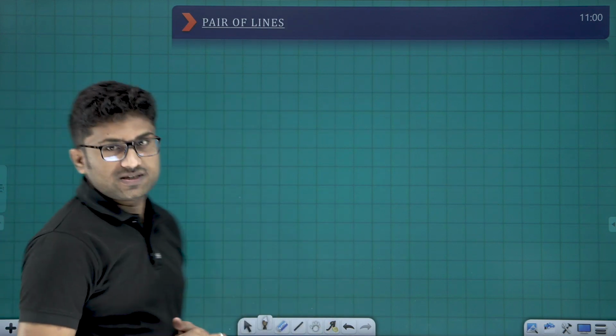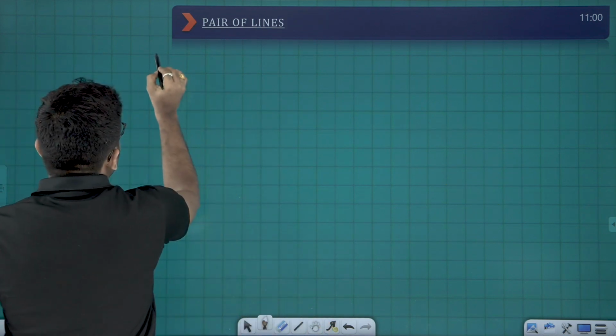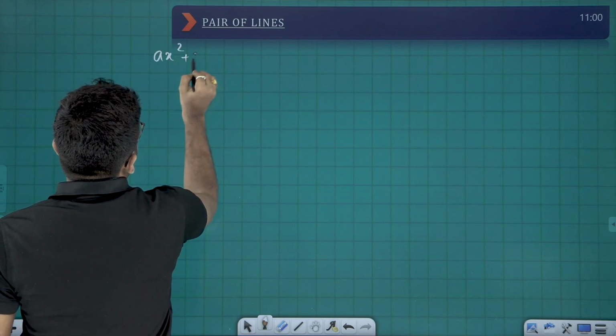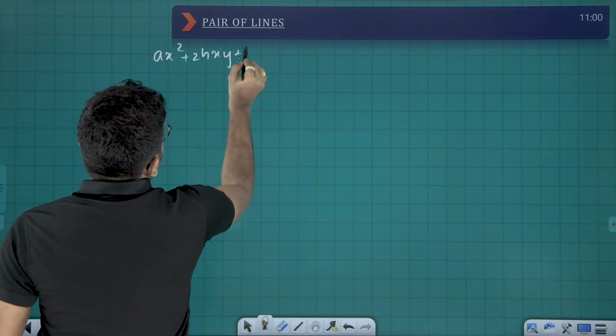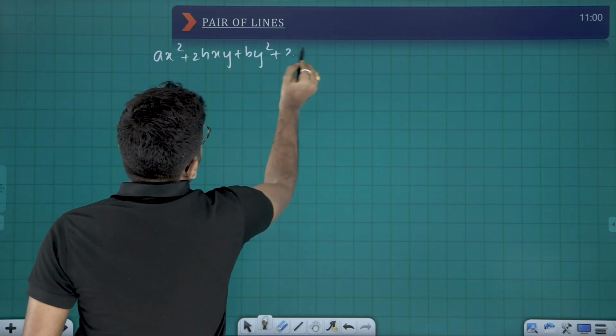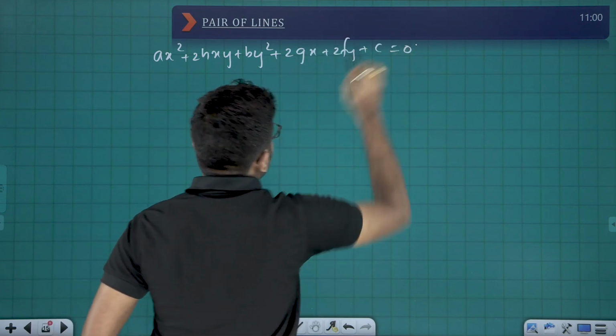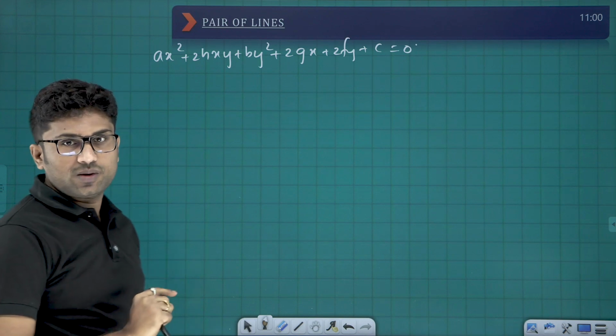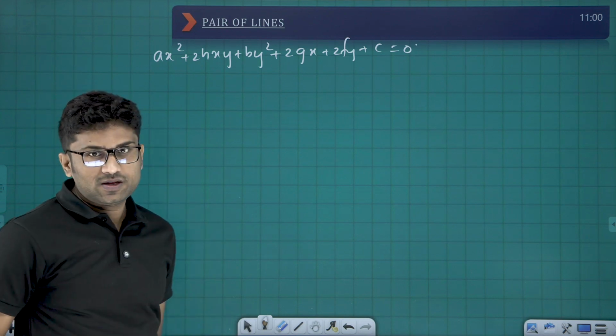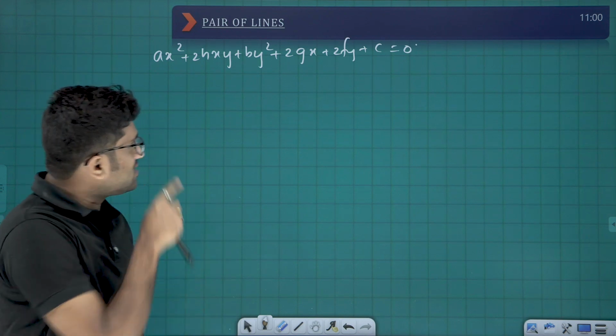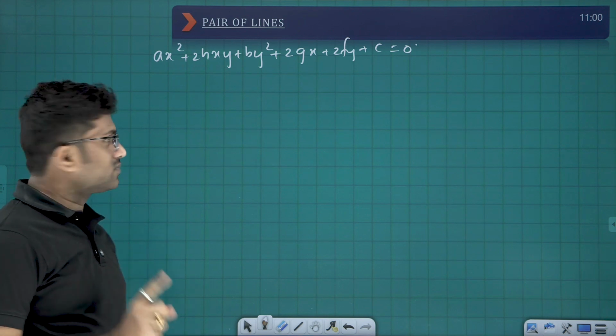Next, pair of lines. We know every second degree equation ax square plus 2hxy plus by square plus 2gx plus 2fy plus c equals 0 won't always represent a conic. This is the general second degree equation in x and y.